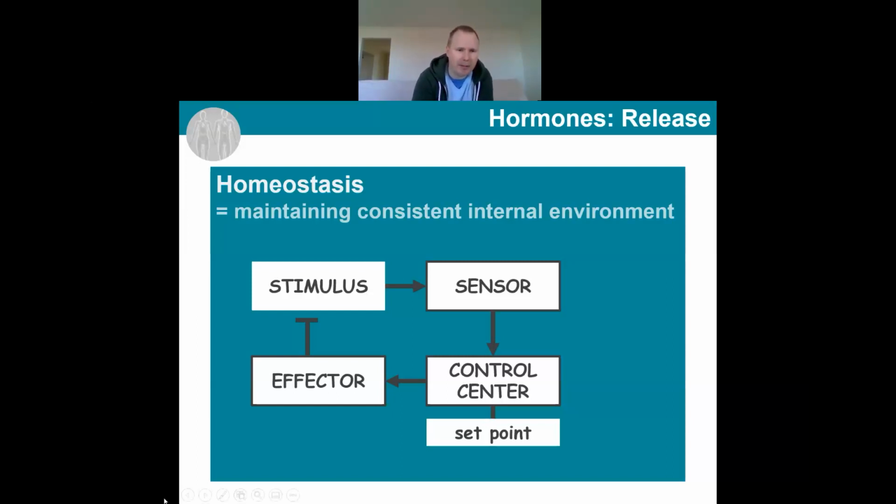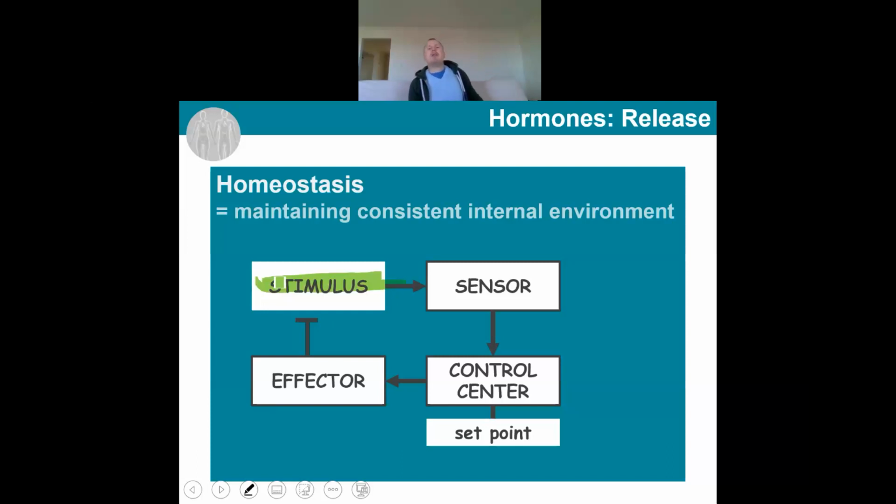So what happens in homeostasis? What triggers a homeostatic mechanism or homeostatic feedback loop is when something changes. Let's say we take an example, since it's a cold day here, a snow day: your internal body temperature starts to get colder than it should be.